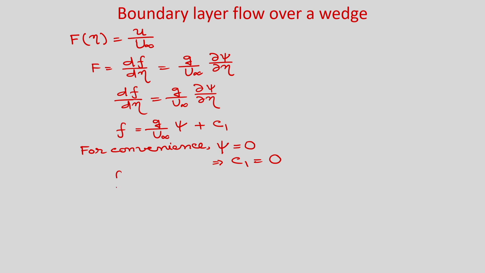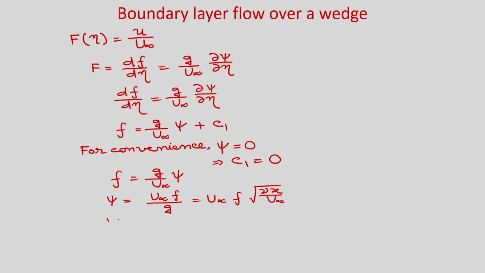So, we can write f is equal to g by u infinity psi, so psi equals u infinity f by g. We know the value of g, so we can write this as nu x by u infinity.